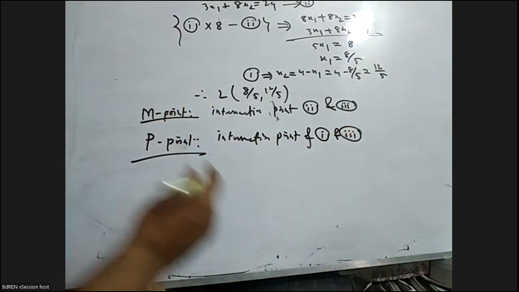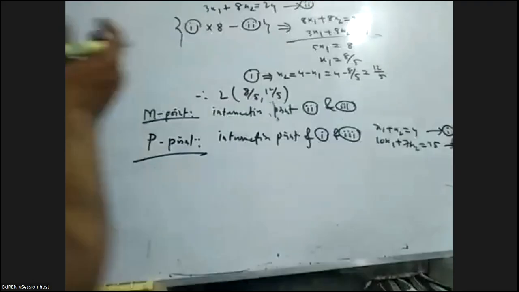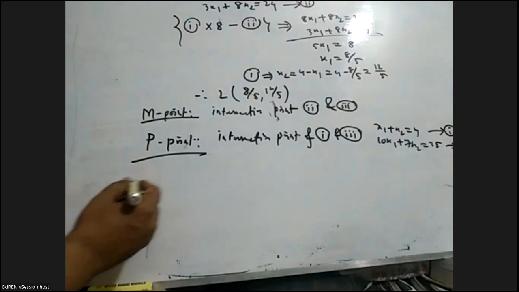Just solving 1 and 3, we get one equation, x1 plus x2 equals 4, and equation 3, 10x1 plus 7x2 equals 35.